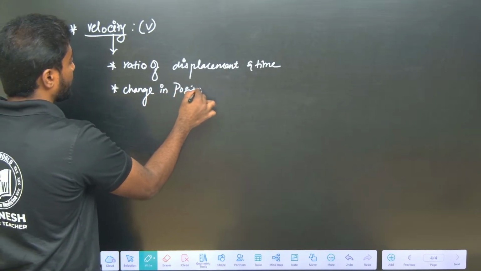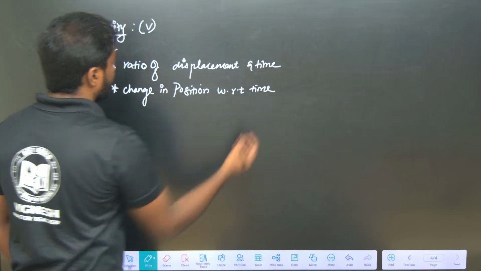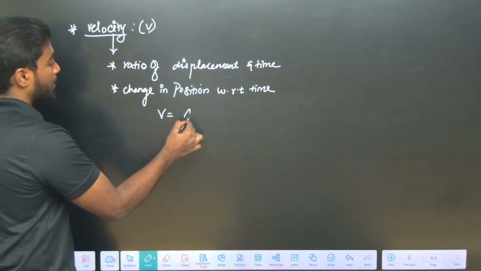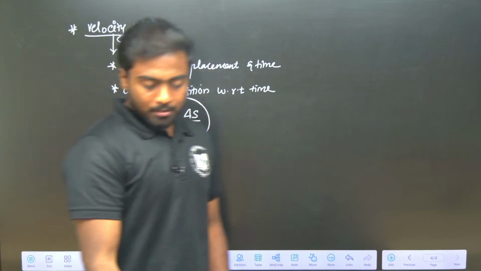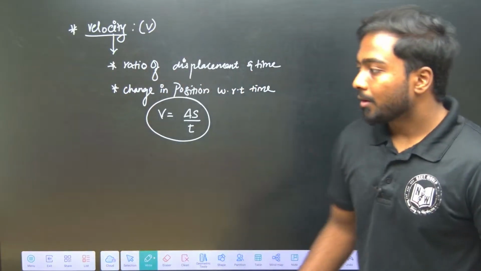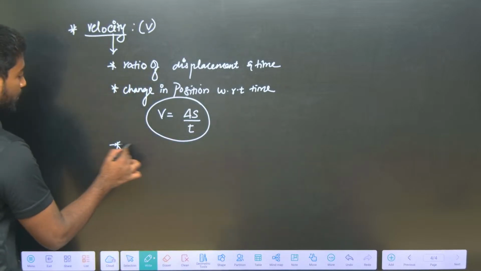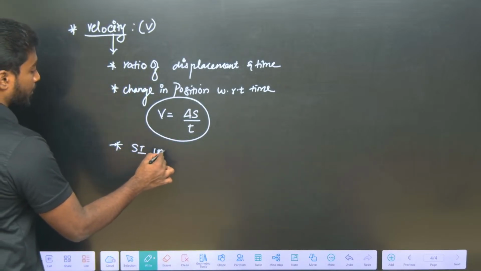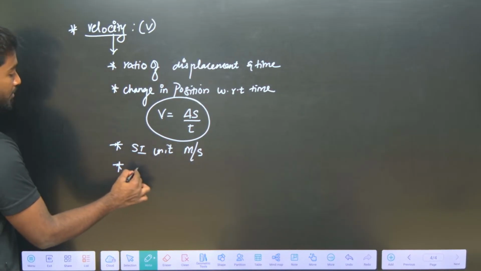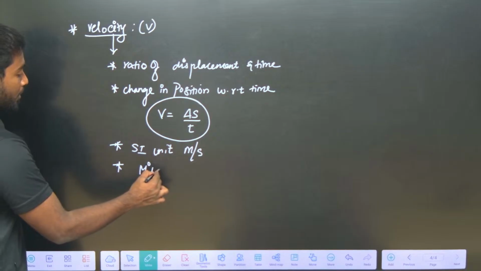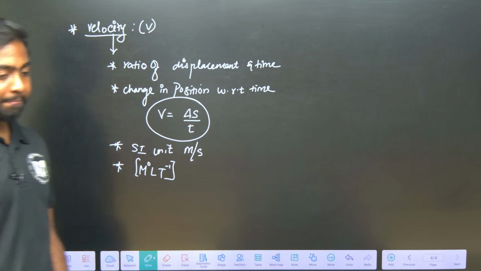So V is equal to delta S by T. The SI unit is meter per second, and the dimensional formula is M0 L1 T power minus 1.